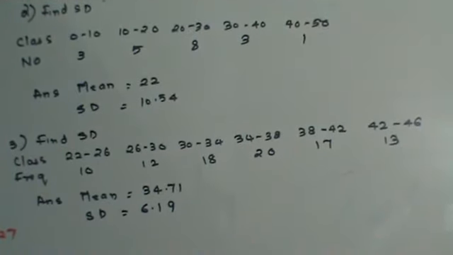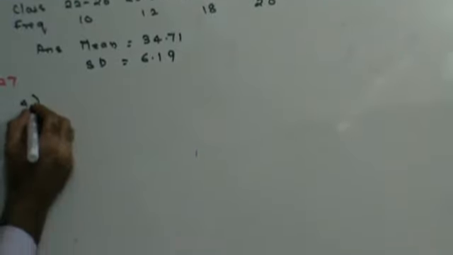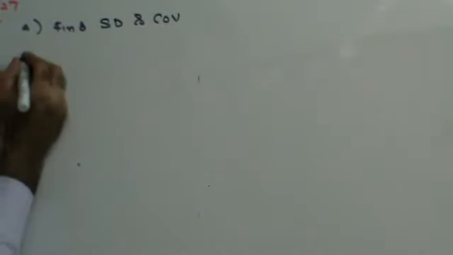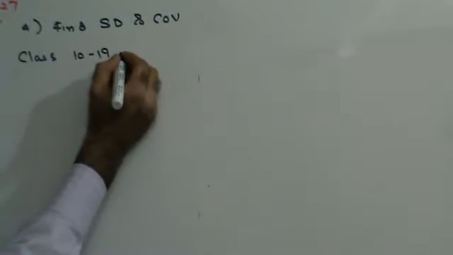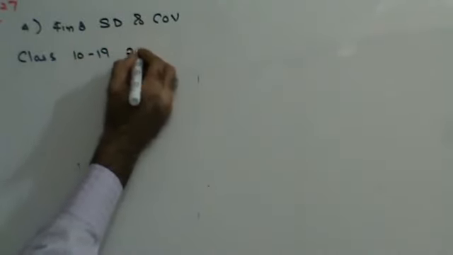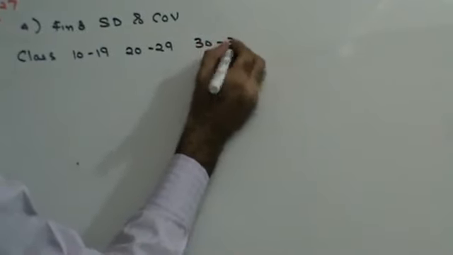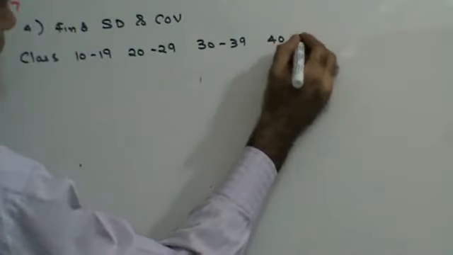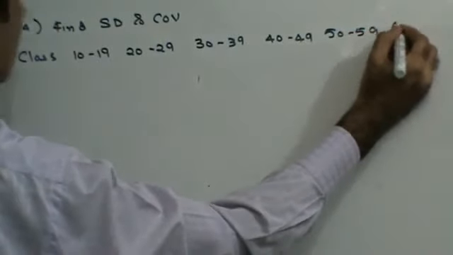Right? Another sum of the same kind. Find standard deviation and coefficient of variation. Class interval is given to you 10 to 19, 20 to 29, 30 to 39, 40 to 49, 50 to 59 and 60 to 69.